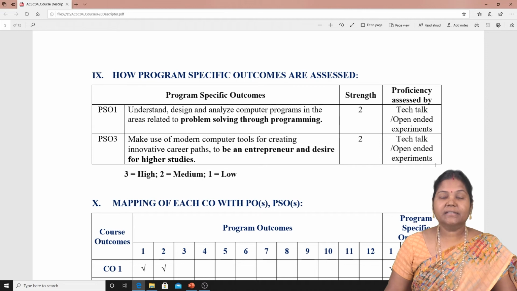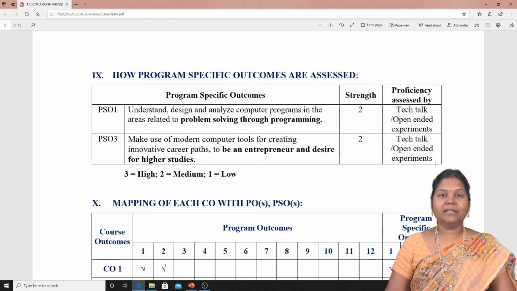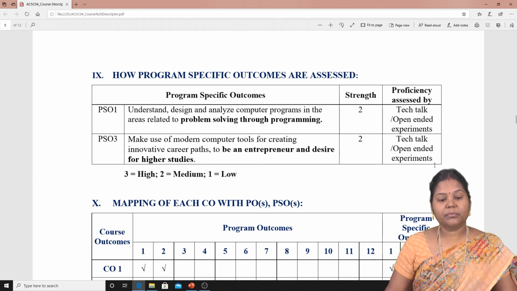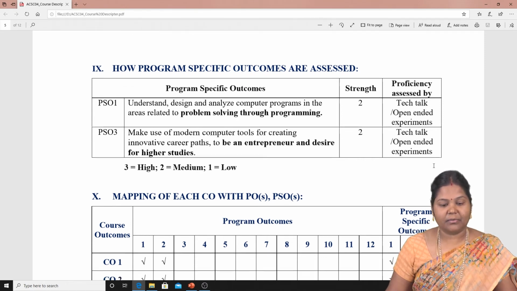And this can be assessed through tech talks and open-ended experiments. Similarly, PSO 3 talks about how to make use of modern tools for creating innovative career paths, so that they can be a very good entrepreneur or have the desire for higher studies. That can also be assessed through their open-ended experiments and tech talks.